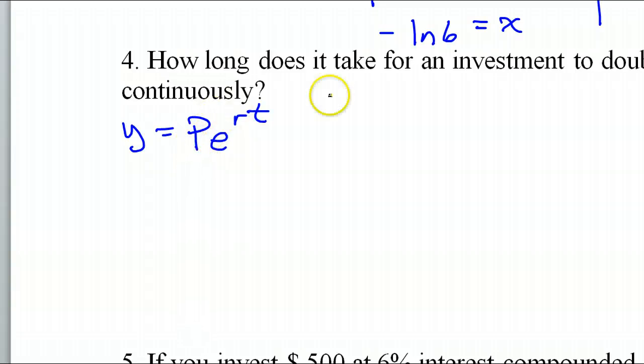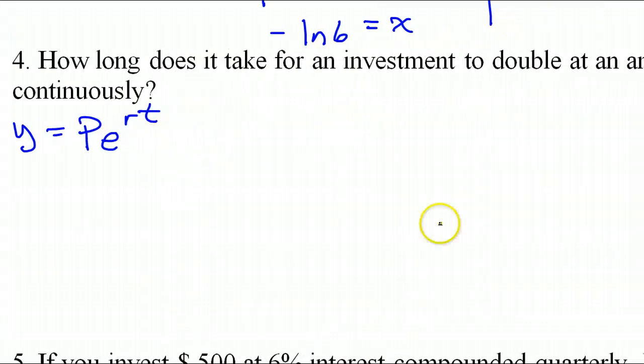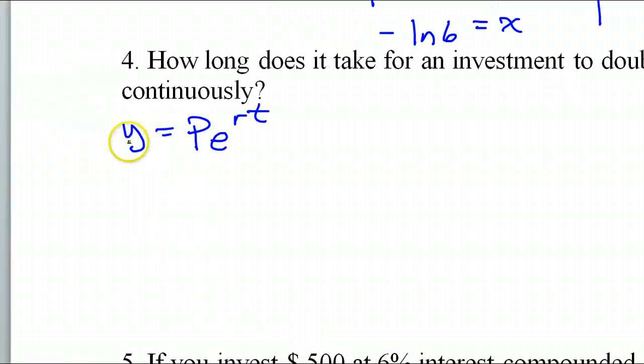Now, the problem says that the investment is going to double, so we need to know how long it takes to double. If the initial amount is P, what would be an expression representing the amount once it doubles? If it doubles, how much will there be? 2P. Very good.